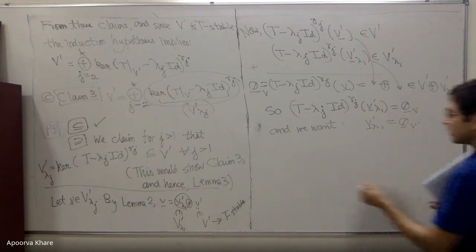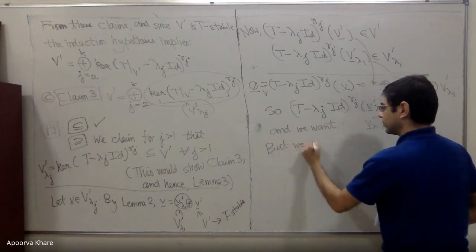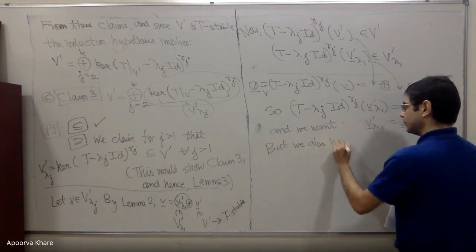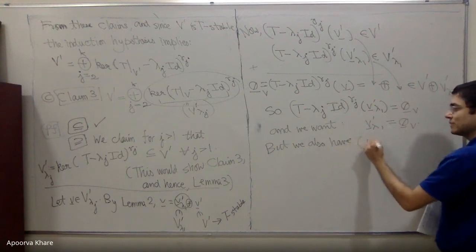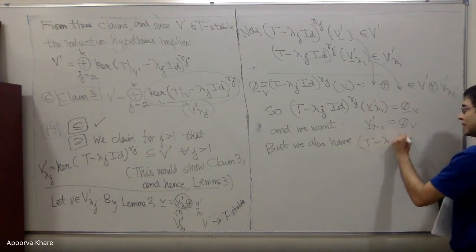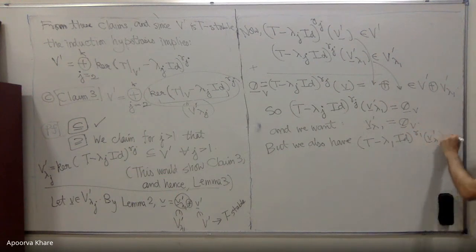Okay, and now what do we know? But we also have t minus lambda 1 identity to the R1 applied to v prime lambda 1 equals 0, the defining condition of that space. So here you have two different polynomials.